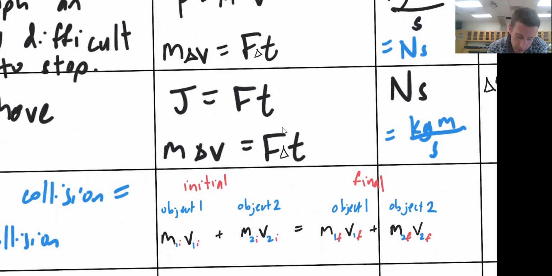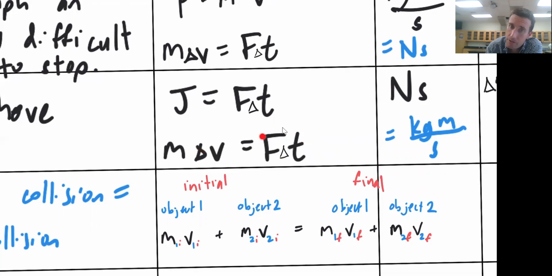Impulse is equal to the force times the change in time, or the amount of time that you are pushing the object, right? How long is the impulse occurring for, times the force exerted during that impulse. The other equation that we gave above is that mass times the change of velocity is equal to force times the change in time. Basically, this mass times change in velocity is the momentum.